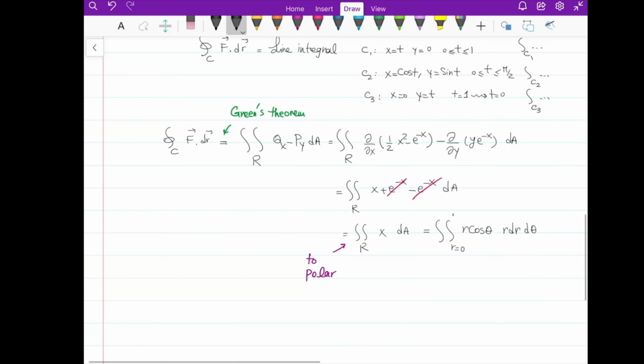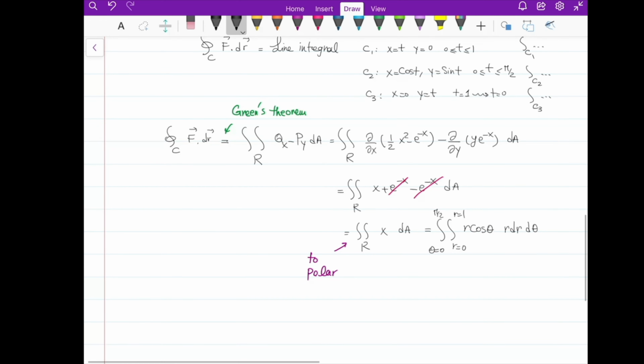R is from 0 to 1, and theta is from 0 to pi over 2. Okay, very good. So I'm gonna keep writing the outer integral, and then for the inner integral, what do I have? I have r squared dr and then cosine theta d theta, right?